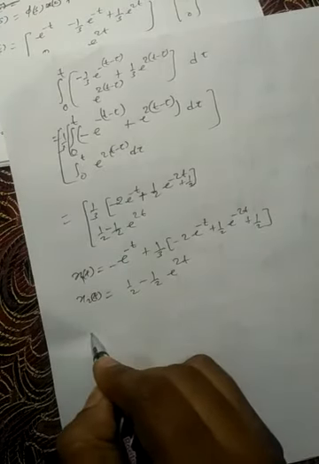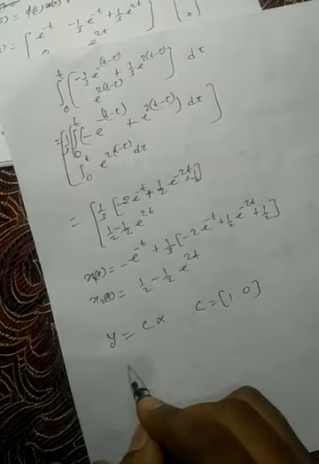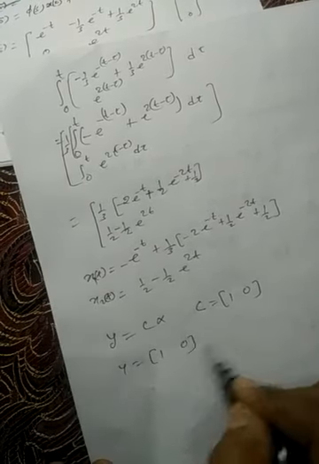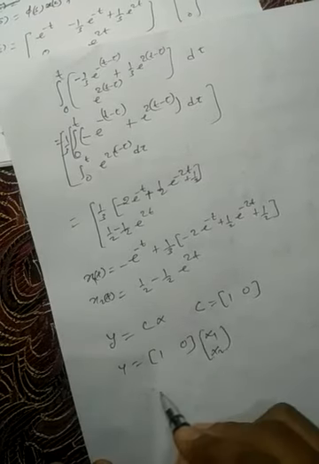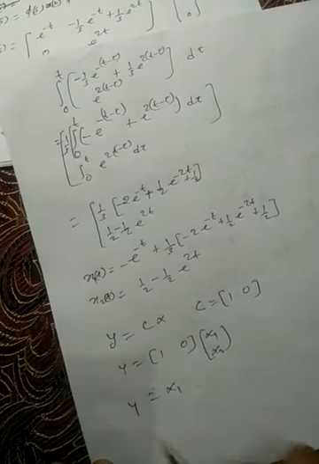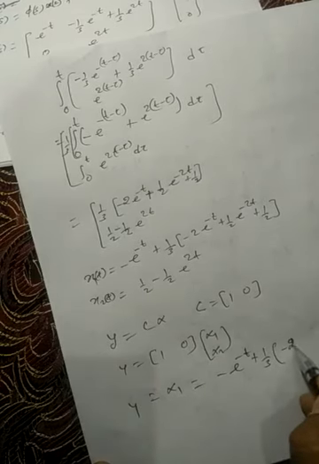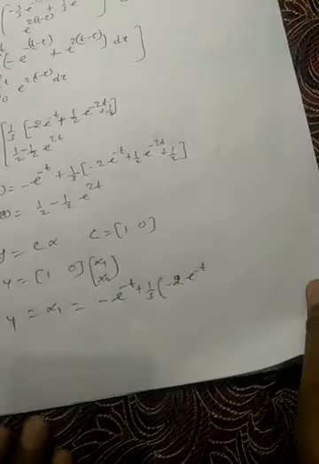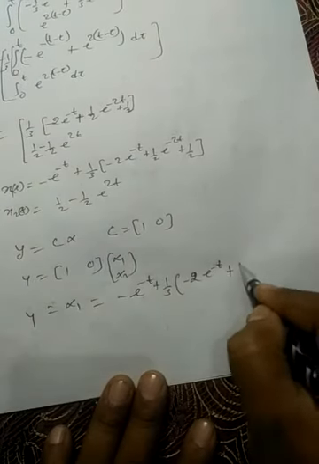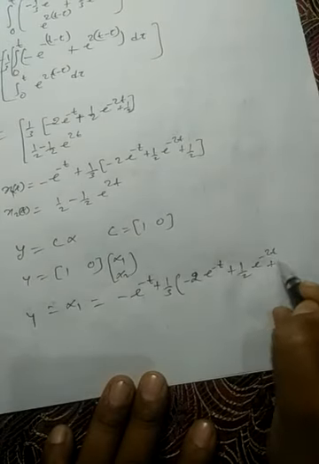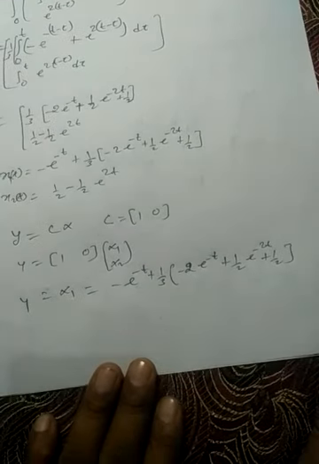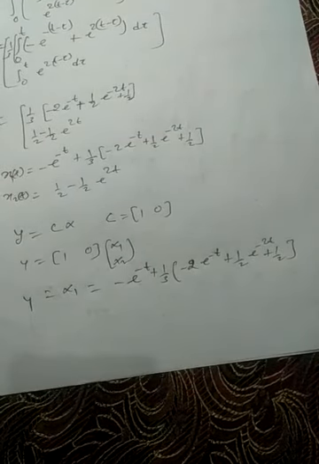Let's take c as 1 0, then y will be 1 0 times x1 x2, and here we will have x1 is equal to y, which is equal to minus e raised to minus t plus 1 by 3 minus 2 e raised to minus t plus 1 by 2 e raised to minus 2t plus 1 by 2, and this is the final solution, right? So this is the way to solve any state equation.